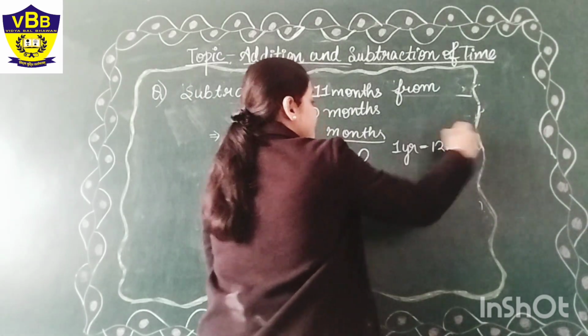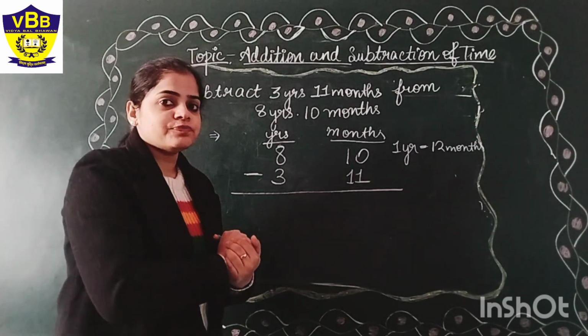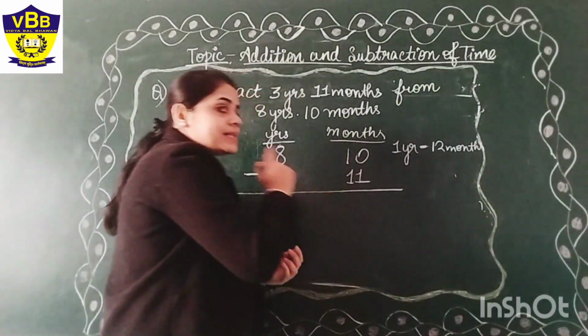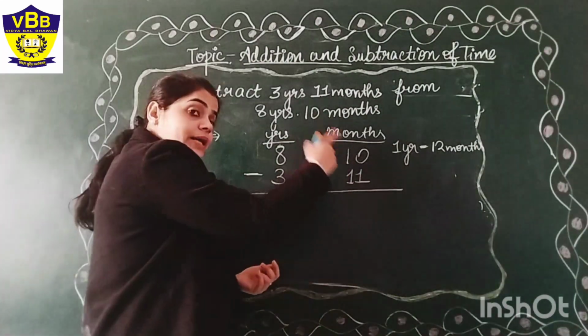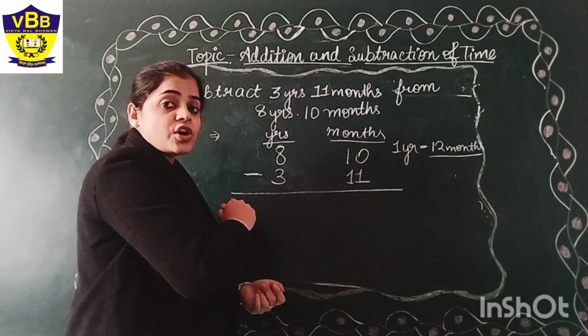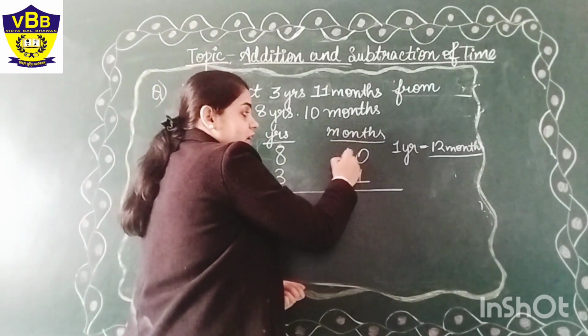So how many months will we carry forward here? 1 or 12? Yes, 12 months will be carried forward. 1 year will come here and it will be converted into 12 months. So 12 months will be carried forward, not 1 month. Try to see this very carefully.